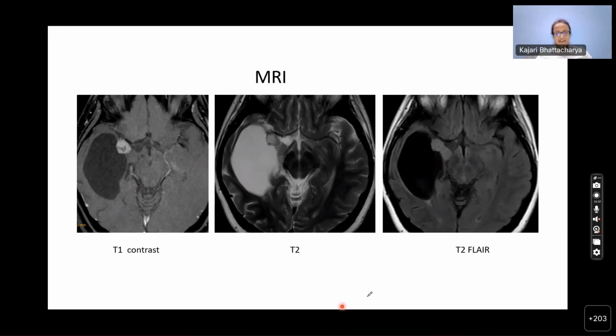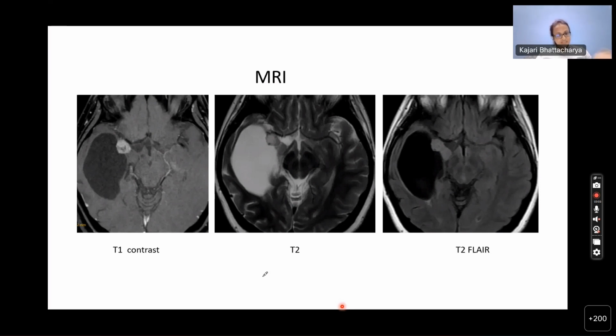If we look at the FLAIR image, we see this dumbbell kind of configuration, whereas only one part of the tumor is enhancing brilliantly. The entire solid component is not enhancing, and this is a little bit more intermediate on T2. So there may be some heterogeneity within the tumor also. In that case, I would have to look at a gradient image to see whether there is any calcification within this tumor.